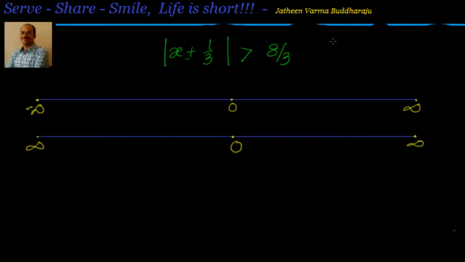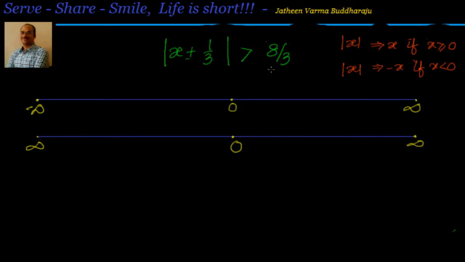Modulus function, let us say mod of x, returns x if x is greater than or equal to 0, that means if x is positive, and mod of x returns minus of x if x is less than 0. So modulus function always gives the positive value. Okay, now with that, let's try to proceed with this problem.